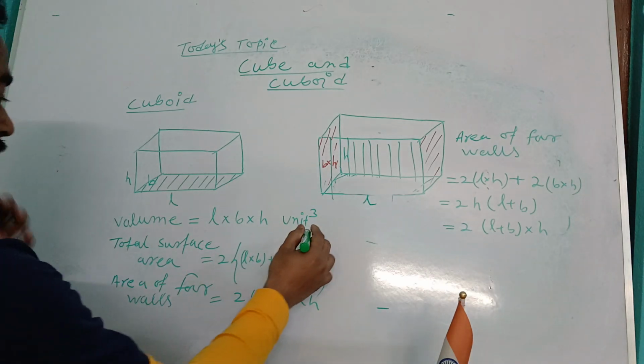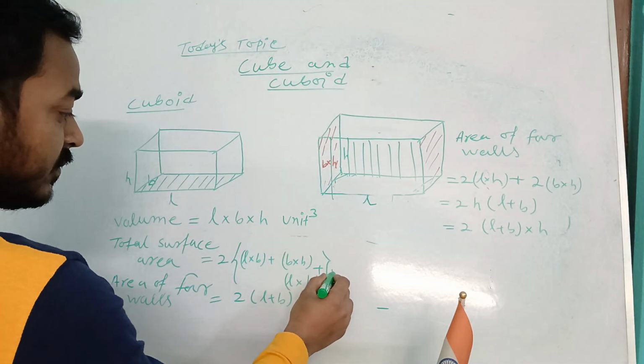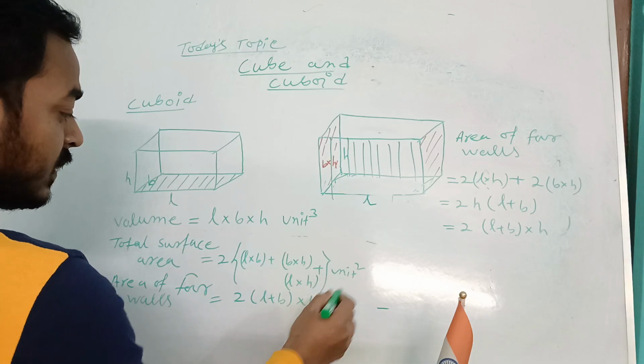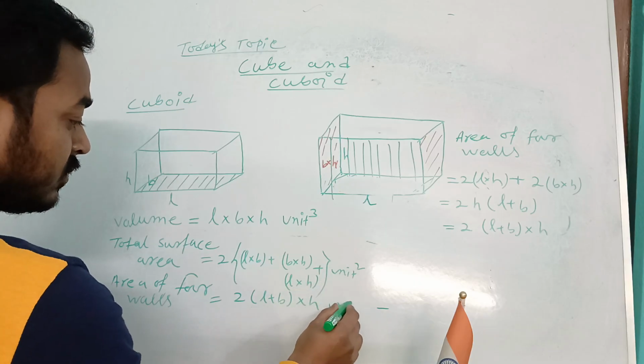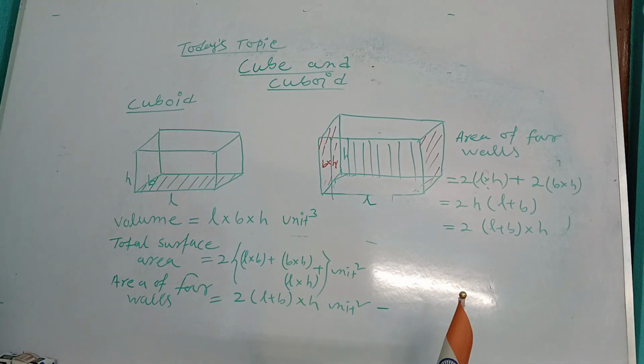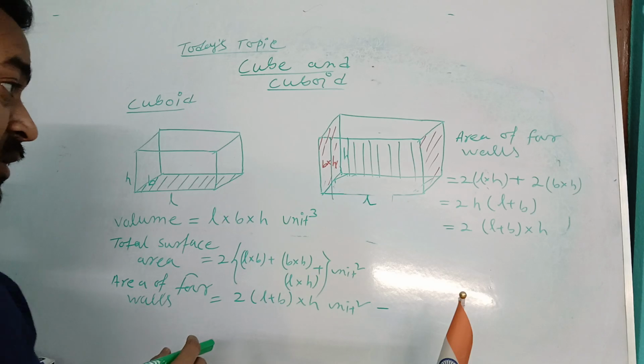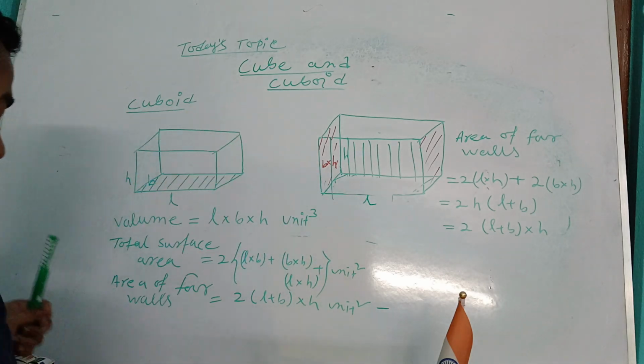As a volume, so unit cube, area, unit square. Okay. And here is also unit square. Done. The unit square and unit square only. Okay. Unit square. For the cube also we can write.